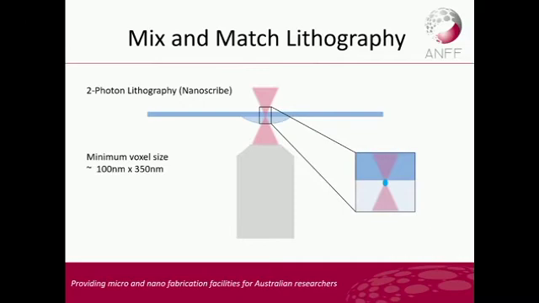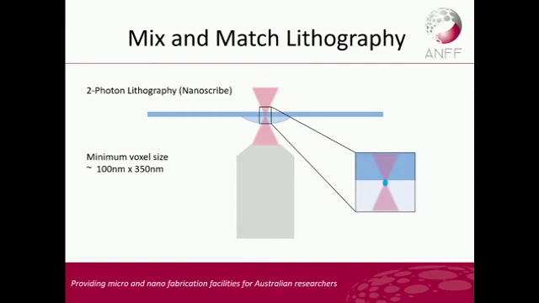Just as some background, I keep mentioning the 2-photon lithography. We've got a system called Nanoscribe, and it can do 3D type structures. It uses a 760 nanometer laser, which won't cross-link photoresist, but because it focuses down to a small point here, it generates this 2-photon absorption down here.